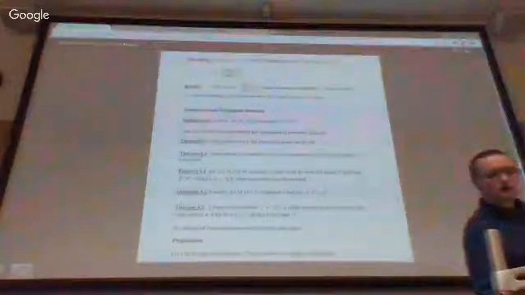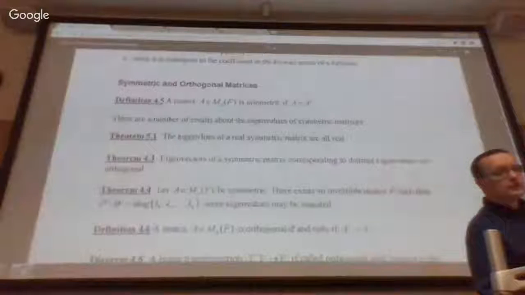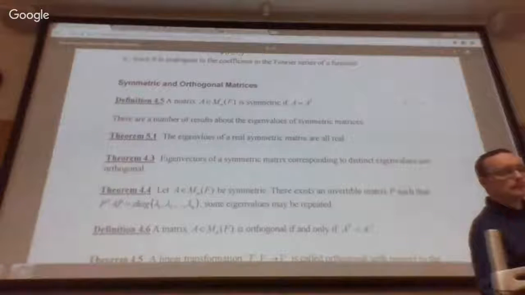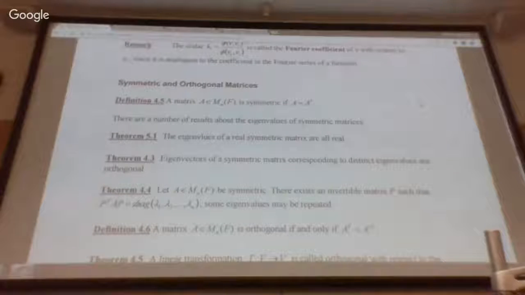Now, some of these we've been talking about already in some of the previous in-class exercises. So you would already be familiar with the idea of a symmetric matrix, a matrix where the entries either side of the main diagonal, going from top left to bottom right, are the same. That's what we mean by a symmetric matrix.